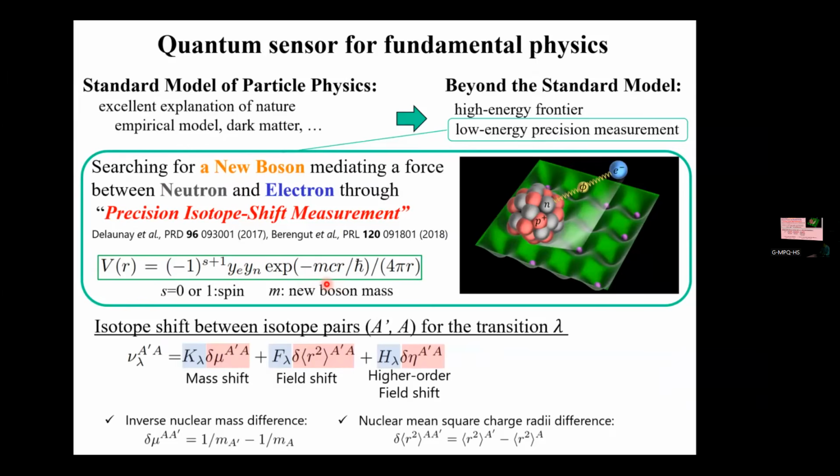So this model assumes a coupling between electron and neutron. That's right. But why doesn't the coupling between electron and proton enter? Yeah, this is a hypothetical particle, a hypothetical new boson that only mediates the force between neutron and electron. Is it also sensitive to the proton, electron and proton, in the isotope shift measurement?